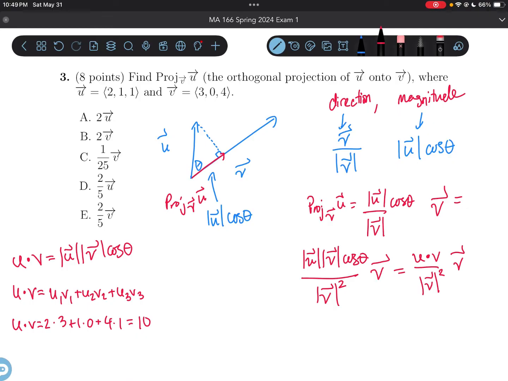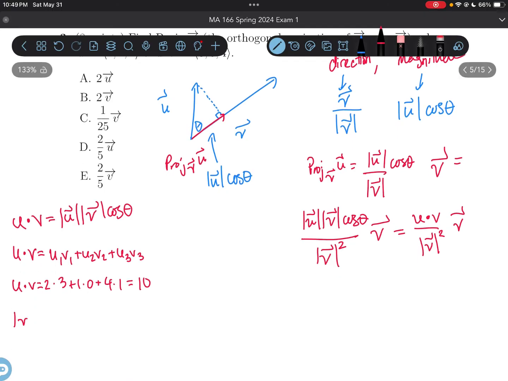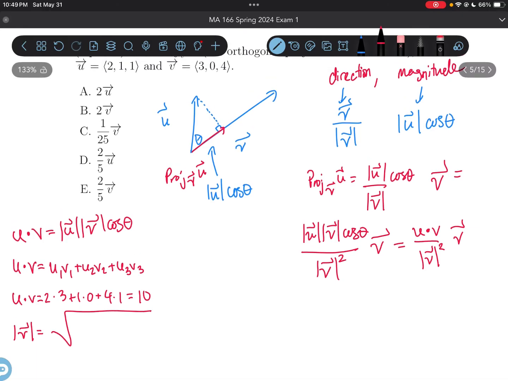And now the last part is finding the magnitude of vector v. So the magnitude of a vector can be found by taking the square root of the square of each term. So we would take 3 squared plus 0 squared plus 4 squared, and that is equal to 5.